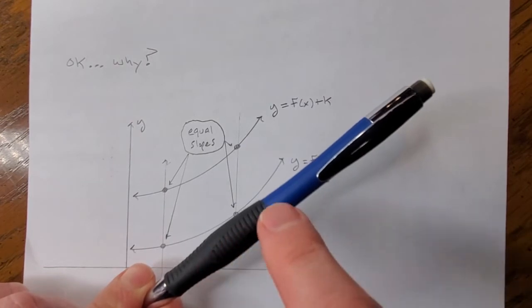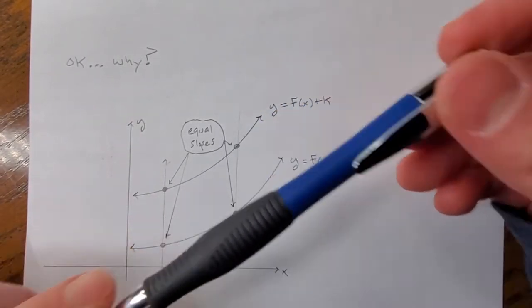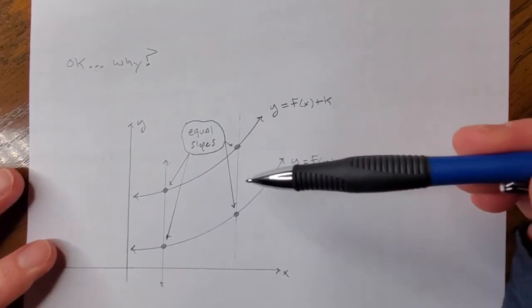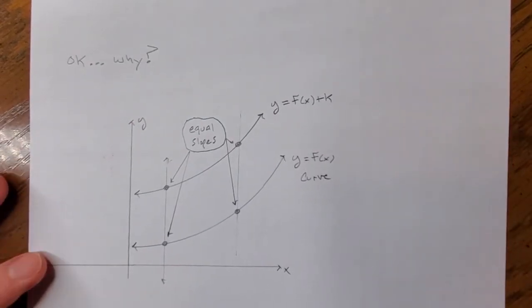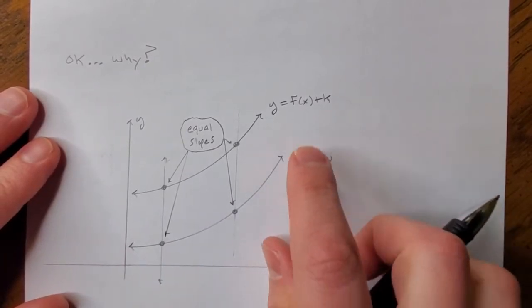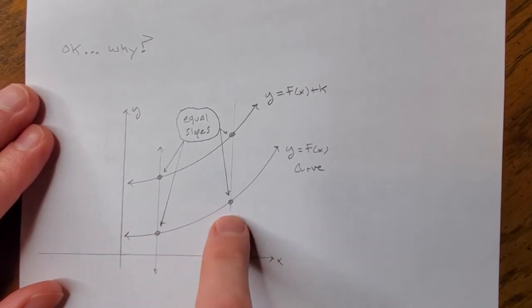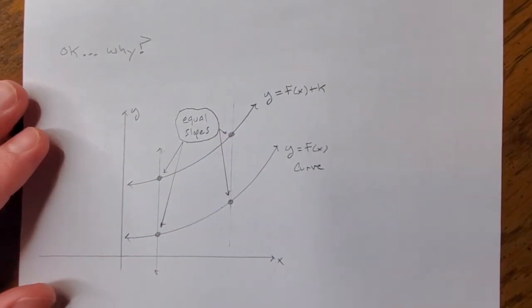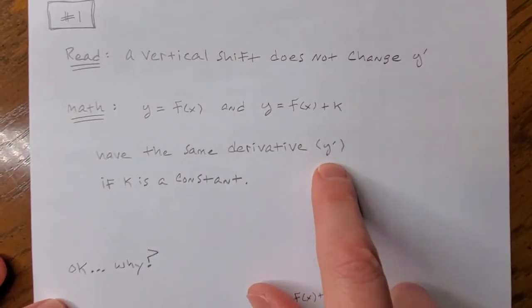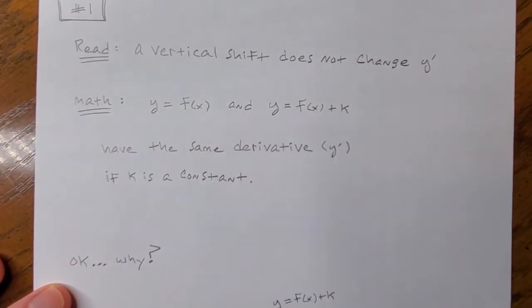That's about how steep it is at that point. Up here with the curve's vertical shift, it's exactly the same. So if you think about it geometrically, a curve and its vertical shift have the same exact slope at any given x coordinate. And since the derivative tells you the slope of the original curve, these have the same derivative.